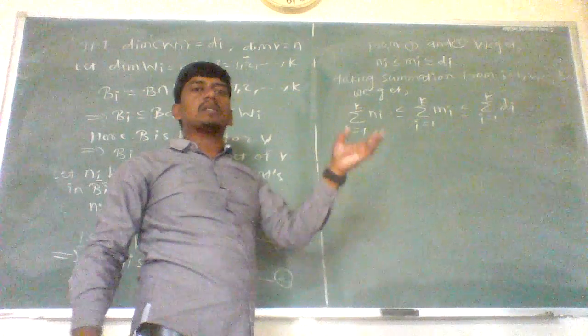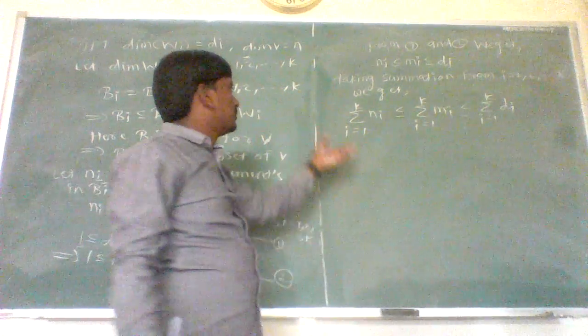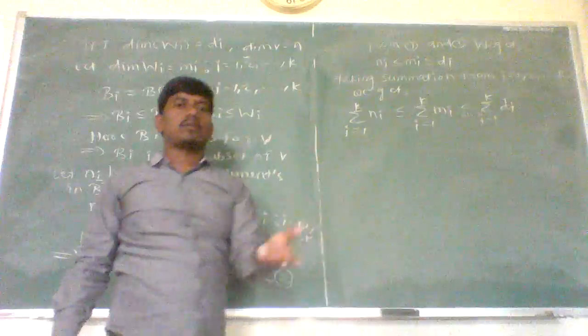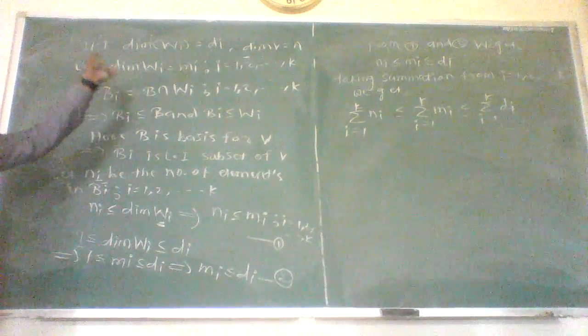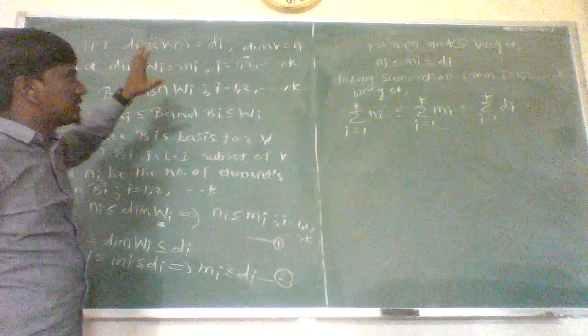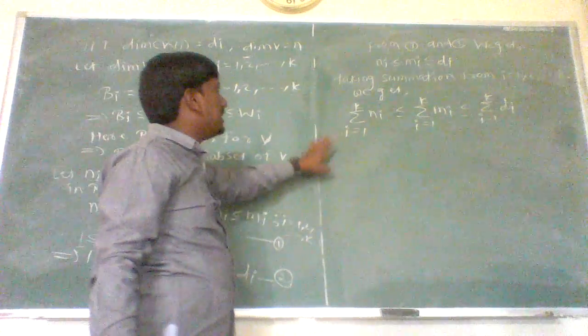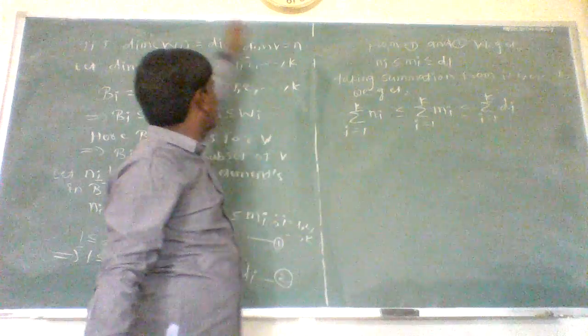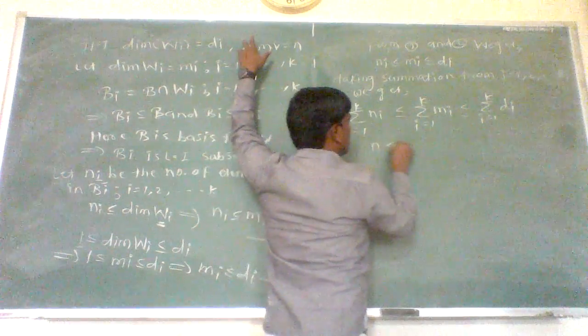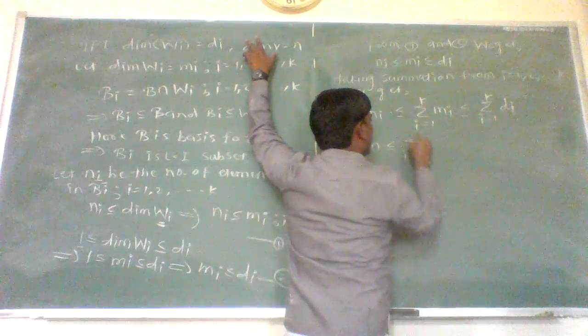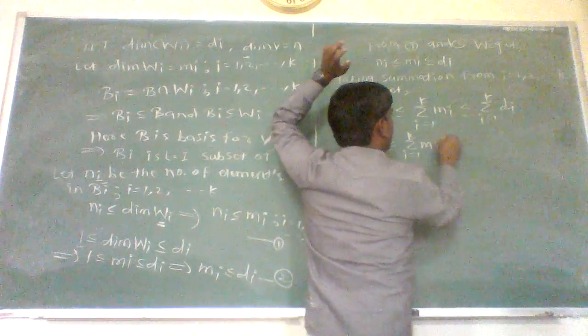That is, the sum of ni is the dimension of W1 plus the dimension of W2 plus up to the dimension of Wk, which is the dimension of the vector space V, which is n. Therefore n is less than or equal to the summation of mi.